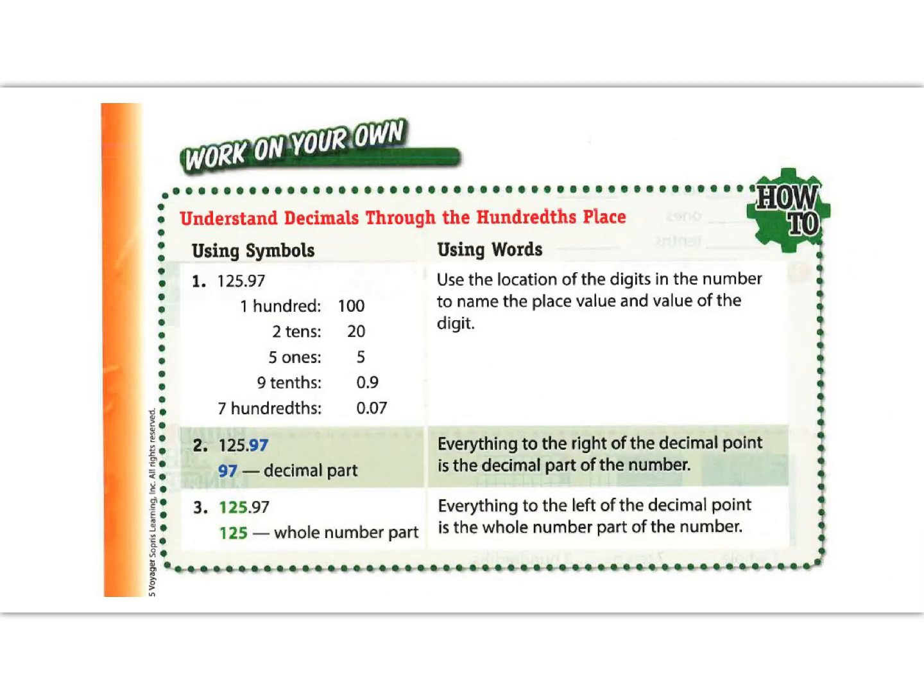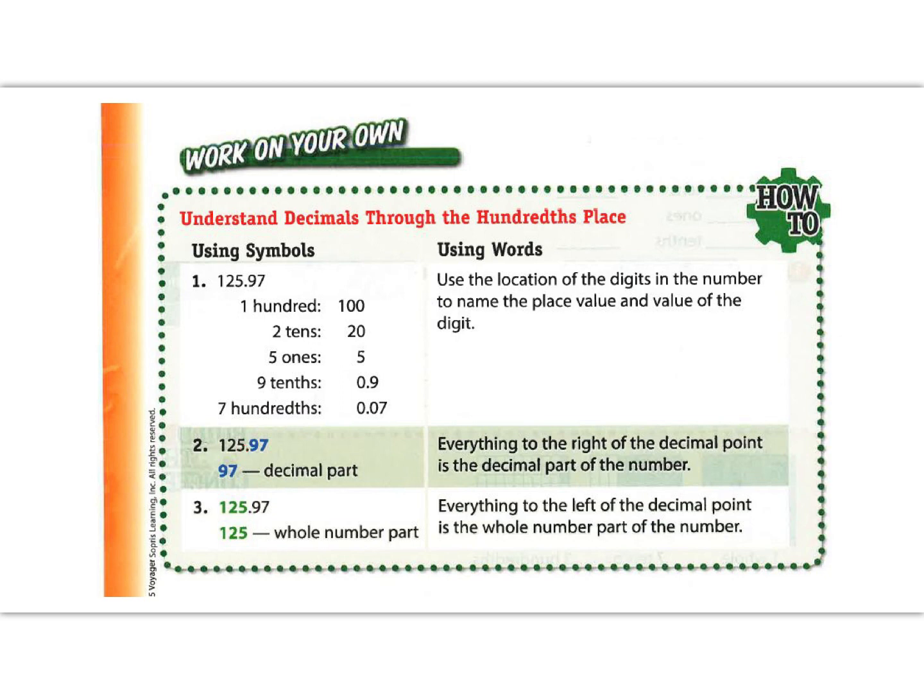All right, so before you work on your own, let's review this. Understand decimals through hundredths place. Using symbols, 125 and 97 hundredths. We have 100, 2 tens, 5 ones, 9 tenths, 0.9, 7 hundredths, 0.07. So you use the location of the digits in the numbers to name the place value and the value of the digit.